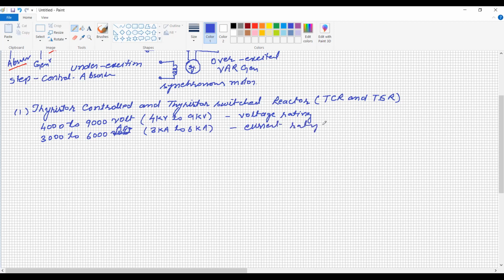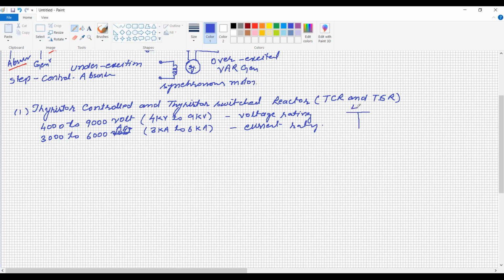Whereas our system voltage is very large, it is not 4 kV or 9 kV, it is 132 kV or 400 kV. So to block the higher voltage, we use a number of thyristors in series.